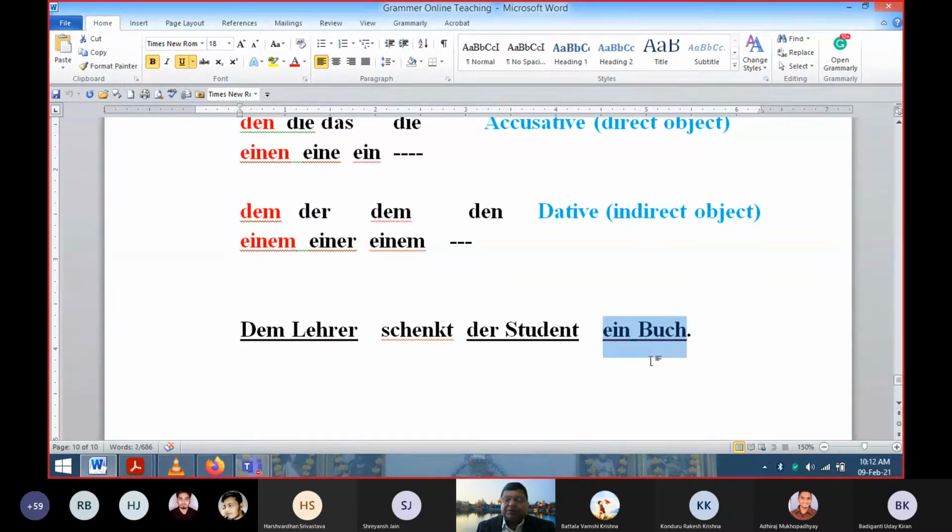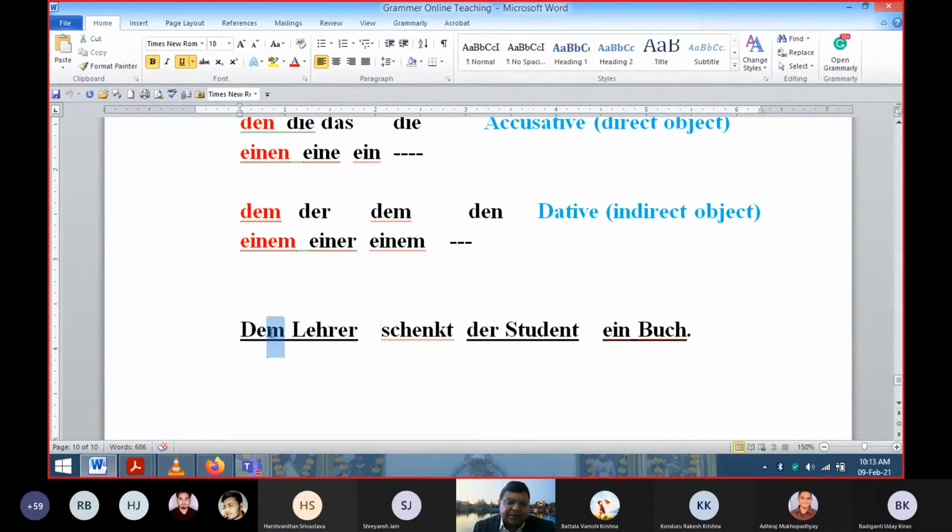So whether you write the sentence like der Student schenkt dem Lehrer ein Buch, or dem Lehrer schenkt der Student ein Buch, or ein Buch schenkt der Student dem Lehrer, in all three combinations the meaning of the sentence will be one and only one, because these articles used before the noun tell three things.